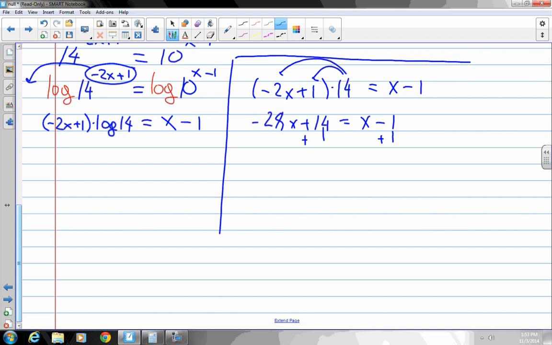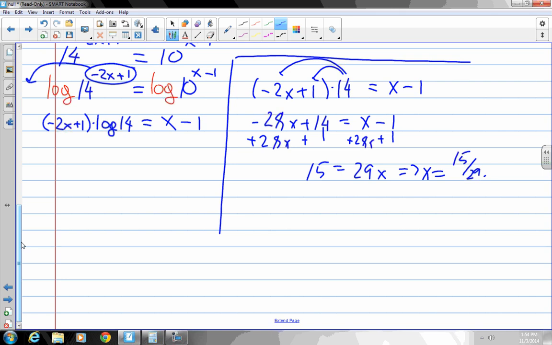Still subtract x? No. Add 28x. So you get 15 equals 29x. You want to have x's on one side, constants on the other side, right? And then you just divide, so x is 15 over 29.